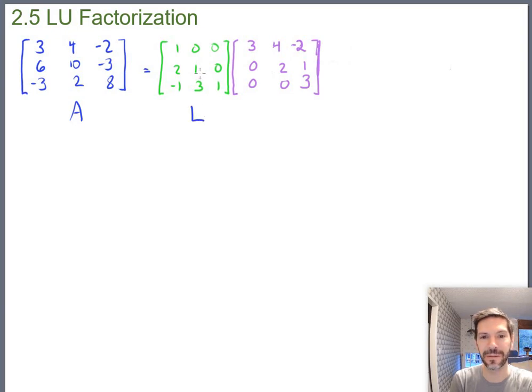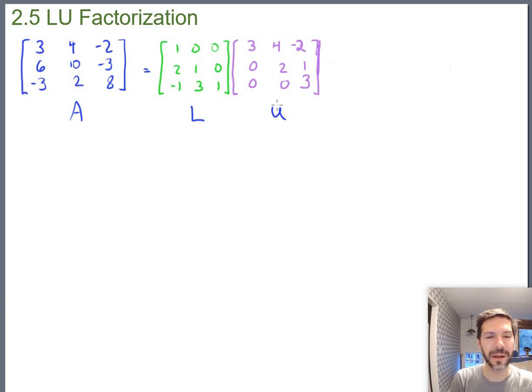All the non-zero entries are below the diagonal, 1's on the diagonal, 0's above the diagonal. And the U, of course, is an upper diagonal matrix. All the non-zero entries are above the diagonal. The L always has 1's on the diagonal. The U doesn't necessarily.